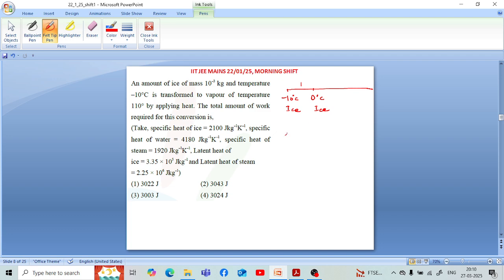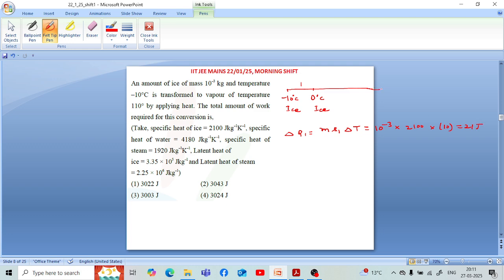So corresponding to this particular process, the heat provided is given by delta Q1 is equal to m s1 delta T, where m is the mass of the ice, which is 10 to the power minus 3 kg, multiplied by S1. S1 is basically the specific heat of ice, which is given as 2100, multiplied by the temperature change. The temperature change is 10 degrees Celsius, so here it is 10. So after solving this, this value comes out to be 21 joules.